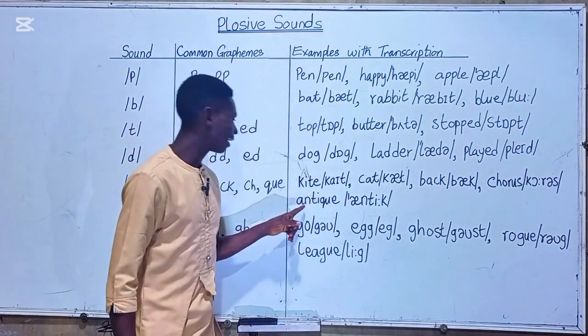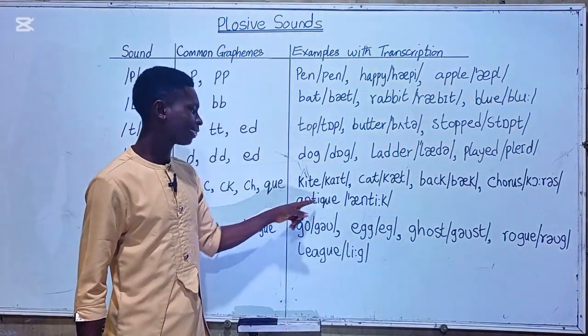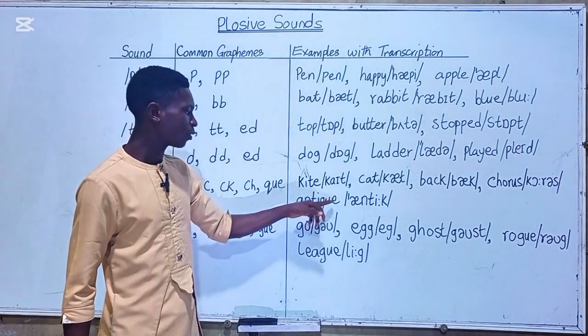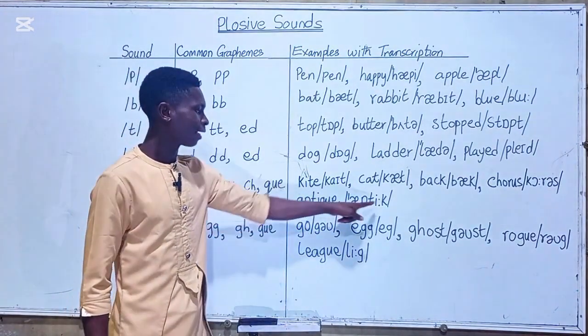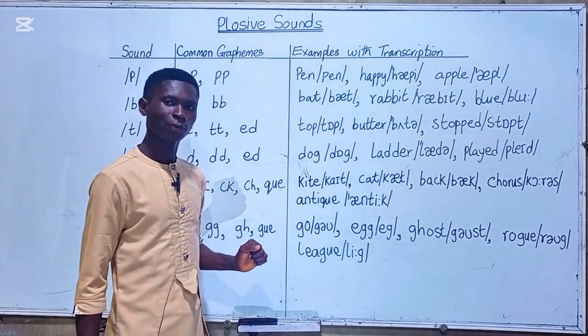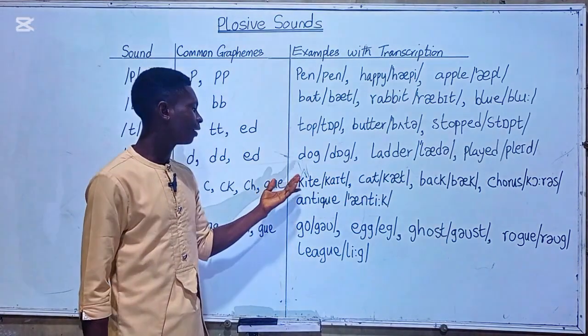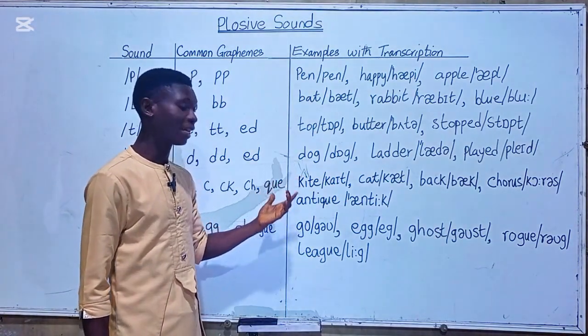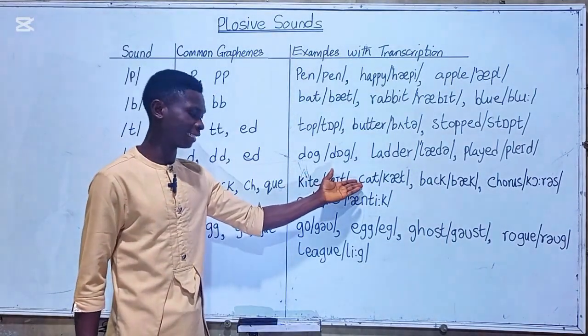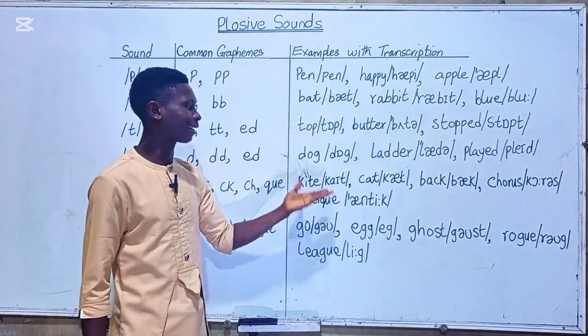And also in antique, QUE represents the K sound. So you can apply this to other words. Where you have letter K, you apply the K sound. Where you have letter C, apply the K sound.